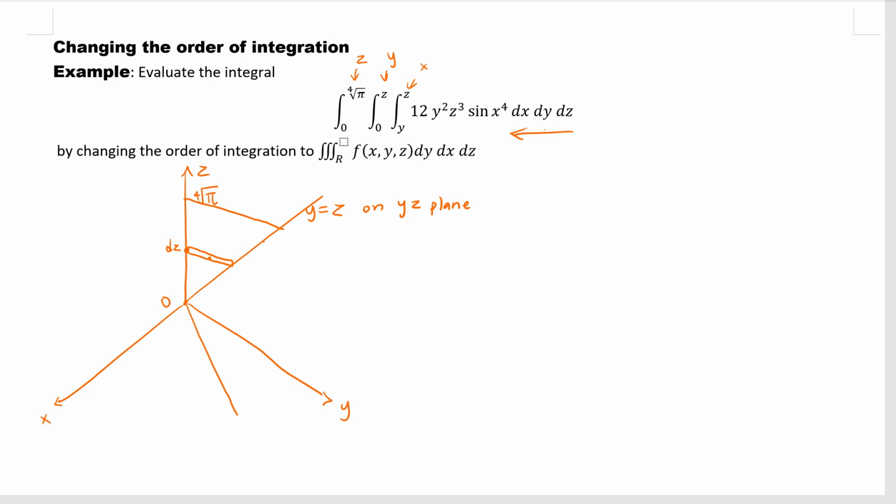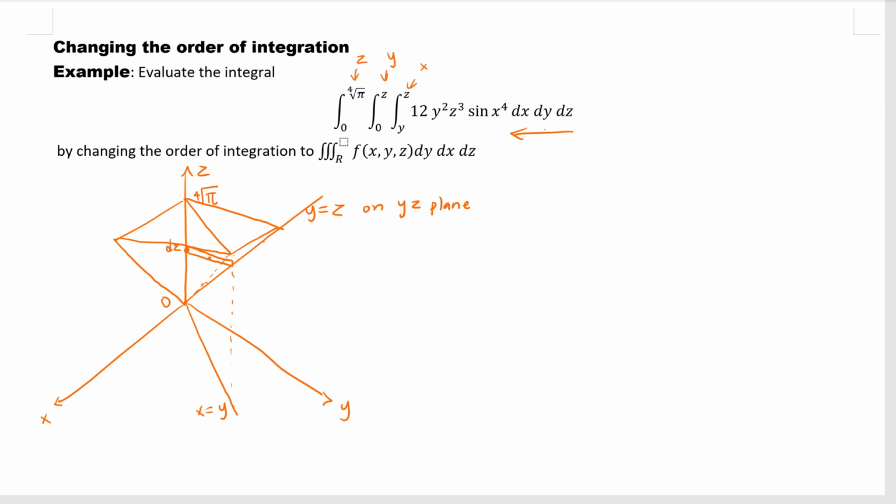If we project here, we will get something like that. This line is x equals y.